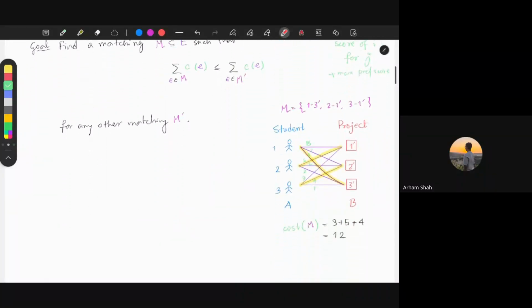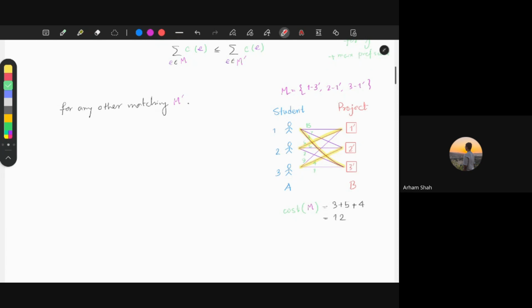So here it actually exists. Okay, 3 plus 5 plus 4. You can check among the matchings here, this is the minimum. But again, this is just a 3 by 3 problem. If the size becomes large, let's say some million students, and you want to assign some million workers to projects, how can you do that?